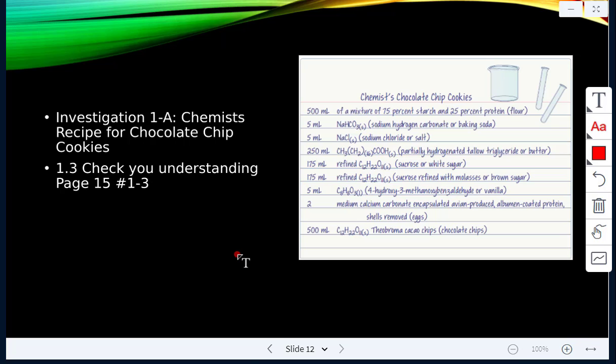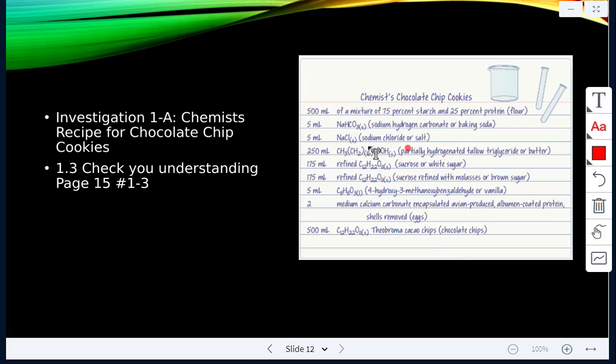All right, on the last slide, there is a recipe. In the textbook, it's called Investigation 1A, and it is a recipe for chocolate chip cookies. It's written in a method that chemists would have used. Instead of flour, they're saying it's a mixture of 75% starch, 25% protein.